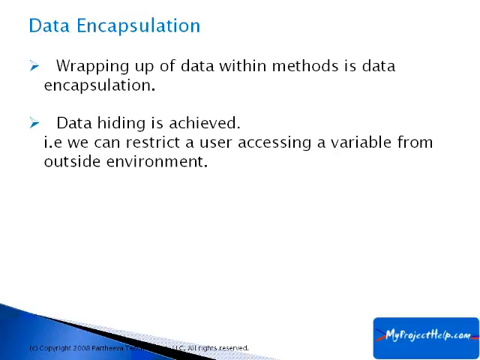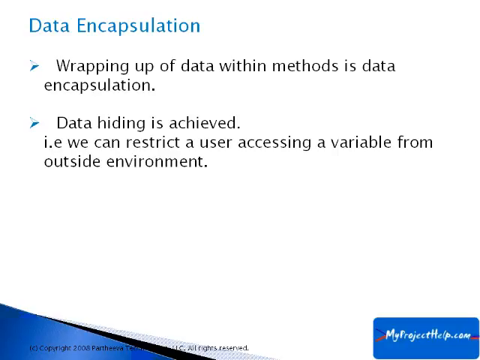Private means it's available to some specific classes. With the help of these specifiers, we specify something to a variable or to a method. We are restricting the user from making use of those variables if we don't want them used outside of the environment.